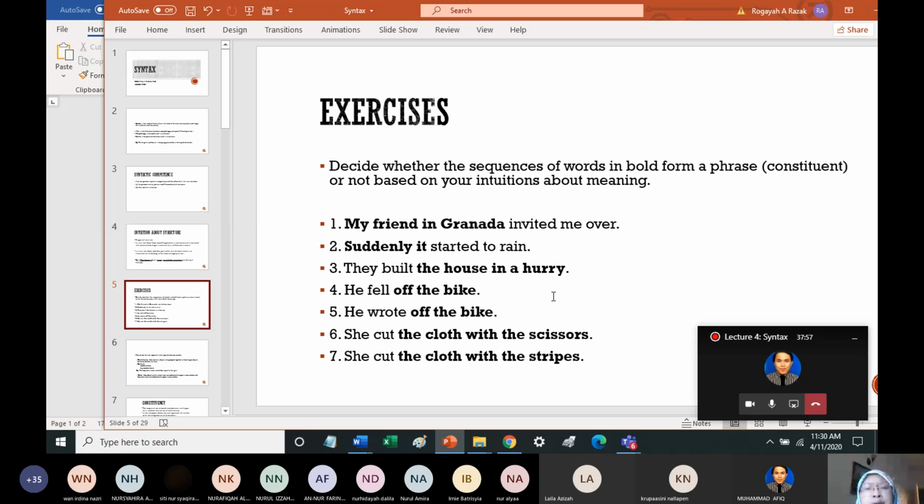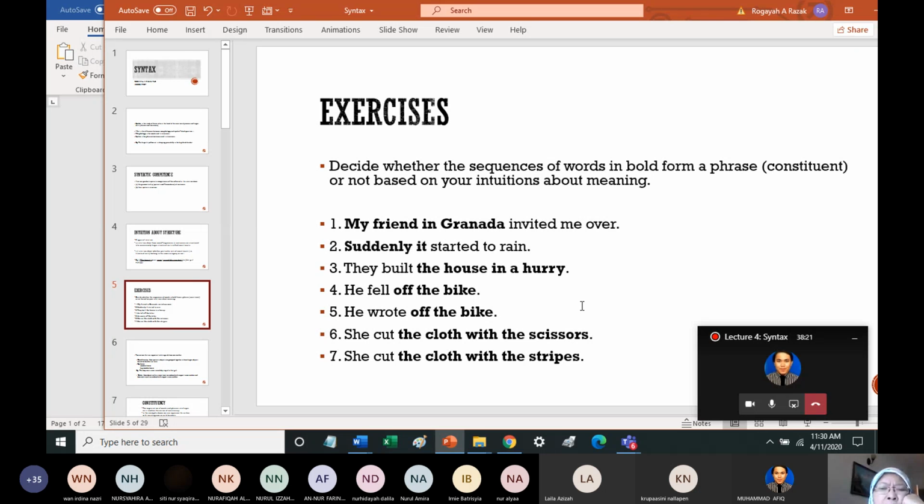Because the house can form one constituent, and in a hurry is another constituent, so it can't be combined. Right, they're two different constituents. Good, Afiq. Thank you. Each is a constituent by itself, separate from each other.